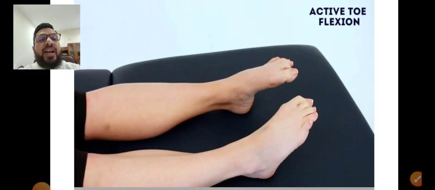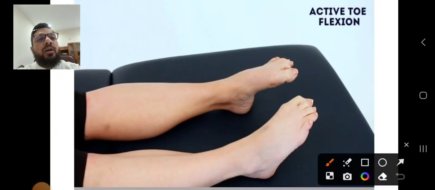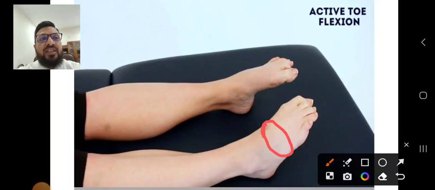Your one hand will be here on the tarsals, here on the metatarsals, and you will put your finger underneath. If you are asking for the plantar flexion of the big toe, then you will put one finger underneath the right or left big toe and ask the patient, can you please push against my finger with your toe?